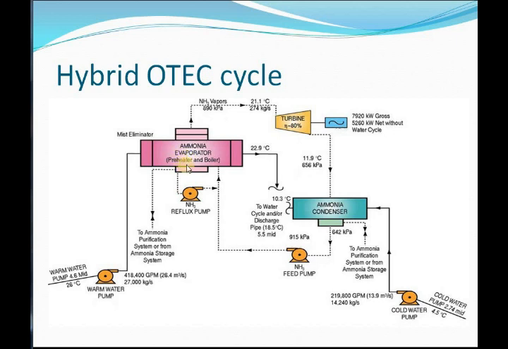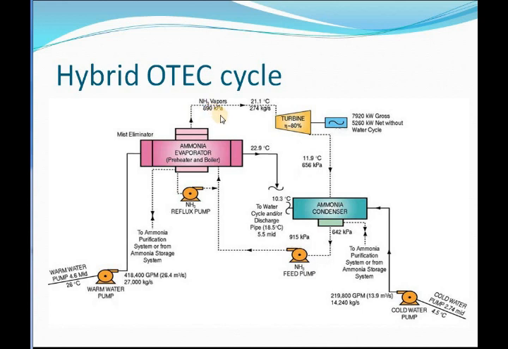So in this ammonia evaporator chamber, the second working fluid, the ammonia, is getting vaporized. This vaporized fluid is in the form of vapor, which is at a pressure of 890 kilopascals.